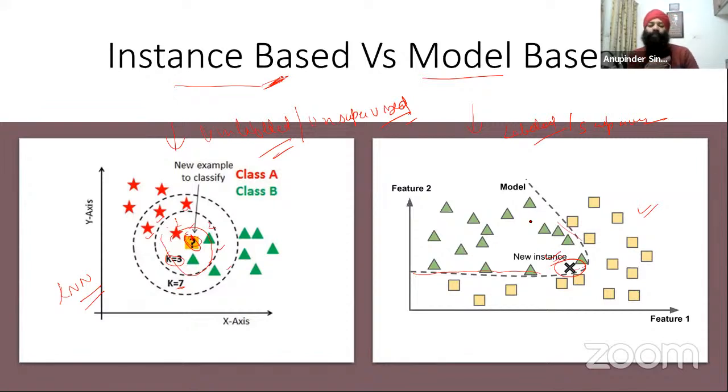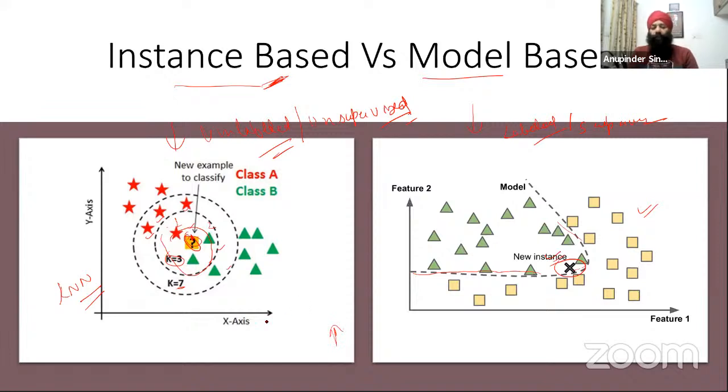So the model based approach, in brief, is that you do a learning prior to feeding the data to the system, whereas in the instance based approach you are using the current data for the classification part, and the learning in instance based models is by heart, right?